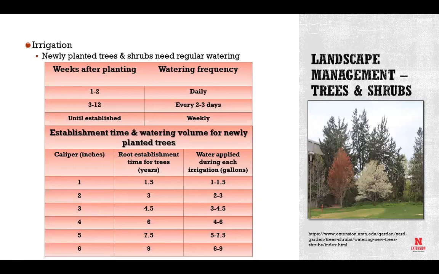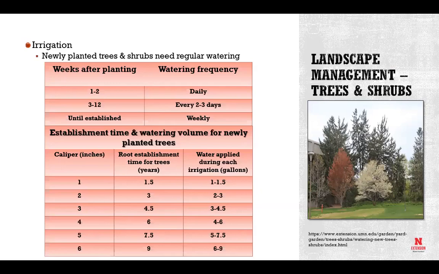We would probably never, actually, I'm going to say we never recommend planting 2, 3, 4, 5-inch caliper trees. 1.5 inches is about as big as we really like to recommend. But we do see them go into landscapes quite frequently. But this is how much water. So this is going to give you kind of an idea. These plants need a lot of water.